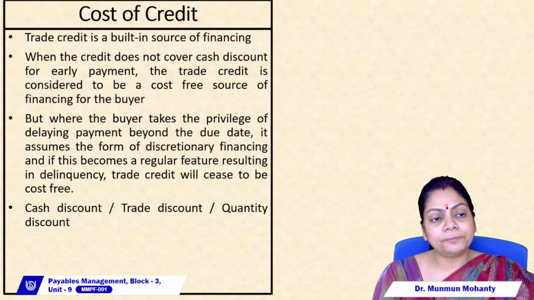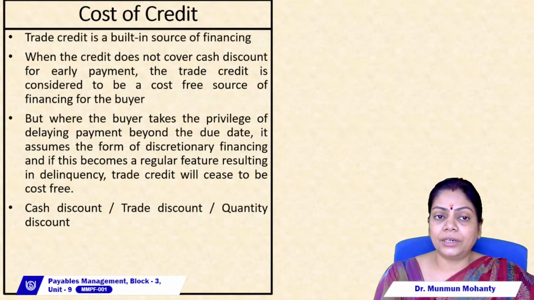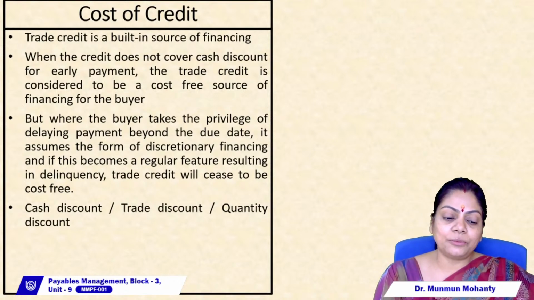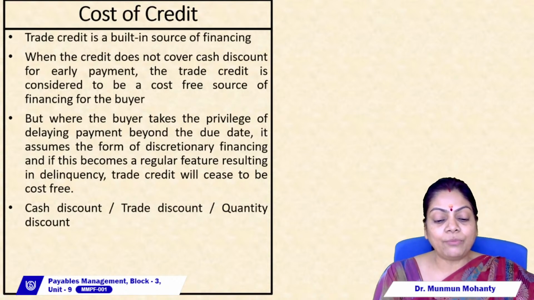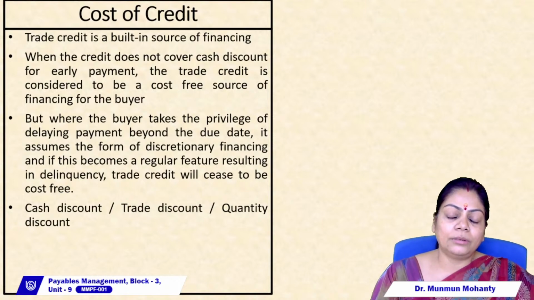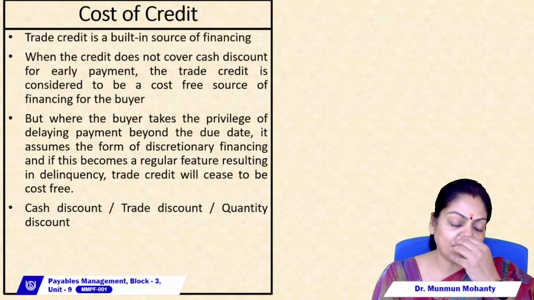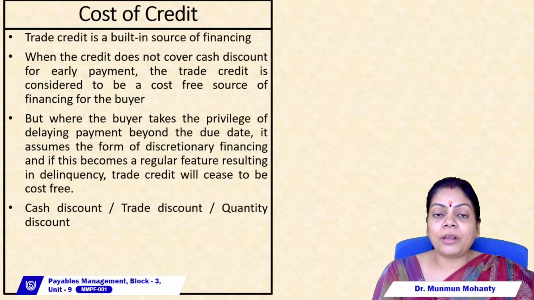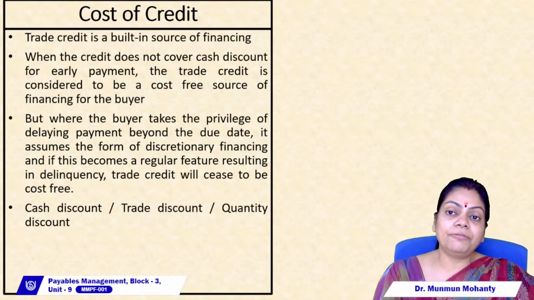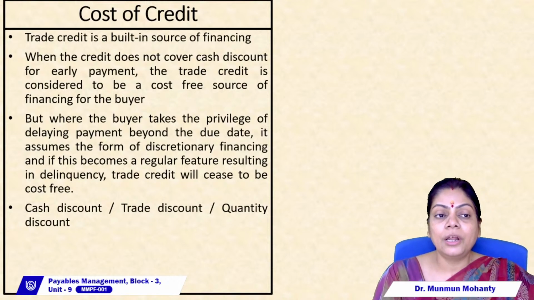Trade credit is a built-in source of financing, as we just discussed. What is a built-in source? It is normally linked to the production cycle of the purchasing firm. I am the purchasing firm, the buyer side. So whatever my manufacturing or production cycle is, the trade credit will be required likewise. If I'm a trading firm, my production cycle will be different. If I'm a manufacturing firm, my production cycle will be different.